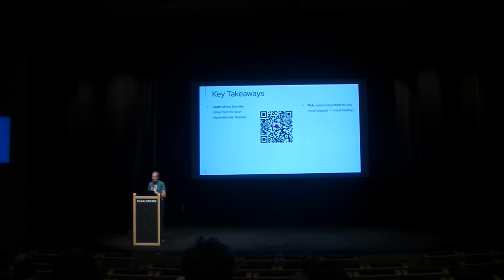Pick metrics that are important for you. I mentioned that already. The most popular dependency doesn't mean the most healthy, so curate your metrics, okay? But if you don't have an idea, use what the community uses. Again, OpenSSF Scorecard and its default installation is very good to have a sneak peek of what's happening.